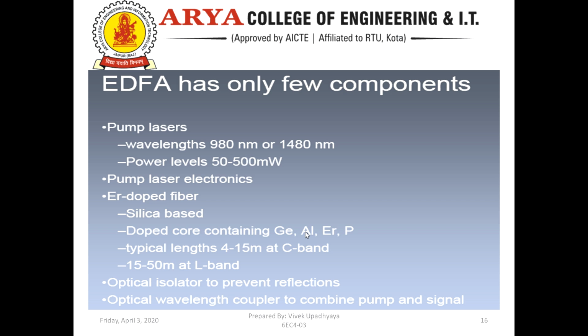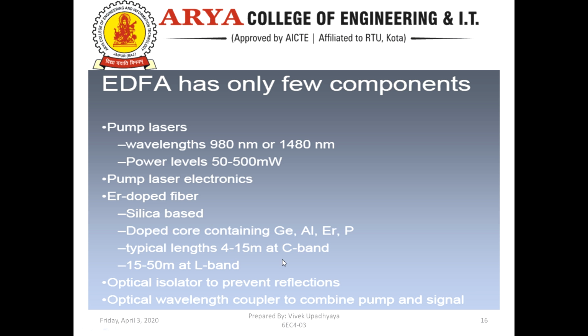EDFA has only a few components. First, the pump laser, with a wavelength of about 980 nanometer or 1480 nanometer, and a power level of about 50 to 500 milliwatt. Then the erbium-doped fiber, which is silica based with a doped core containing germanium, aluminium, and erbium.